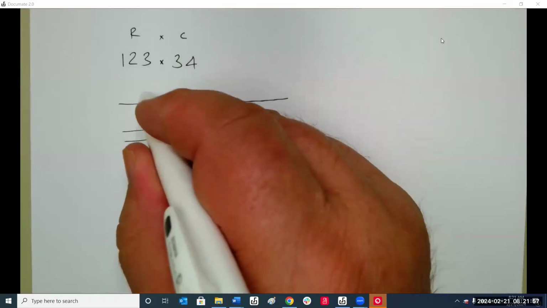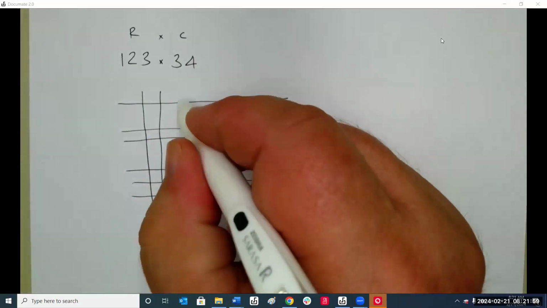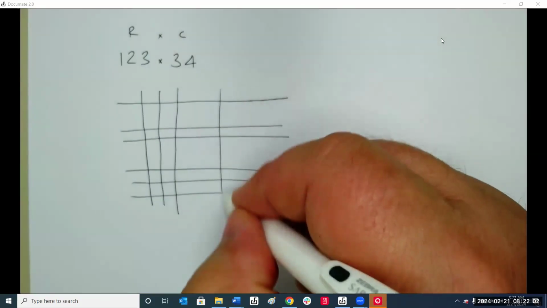The next one, we have 3 columns. And then we have 4 columns.